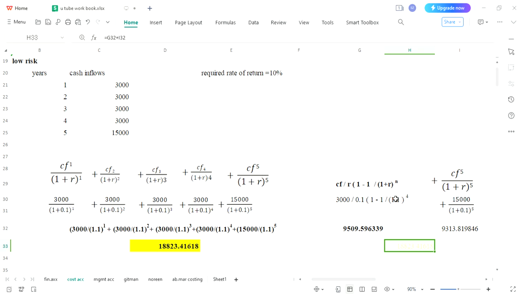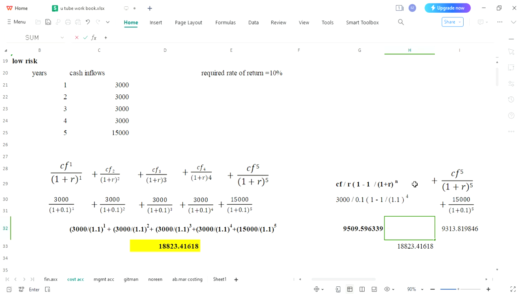Okay, the result we have seen is that you can use individual formulas and you can use hybrid formulas as well. Please understand what we have done. We have calculated the value of the first 4 inflows over here, and then the 5th inflow was calculated separately.